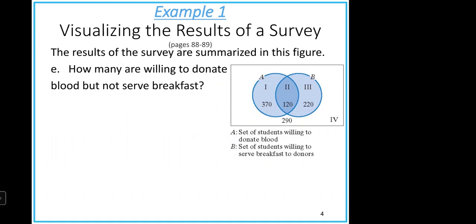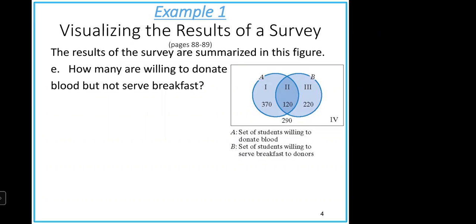Okay, donate blood. So that would be the 370 minus the 120. Well, why would you minus the 120? Because they are willing to serve breakfast and donate blood. But that 370 is not included in the persons who want to donate blood and serve breakfast.